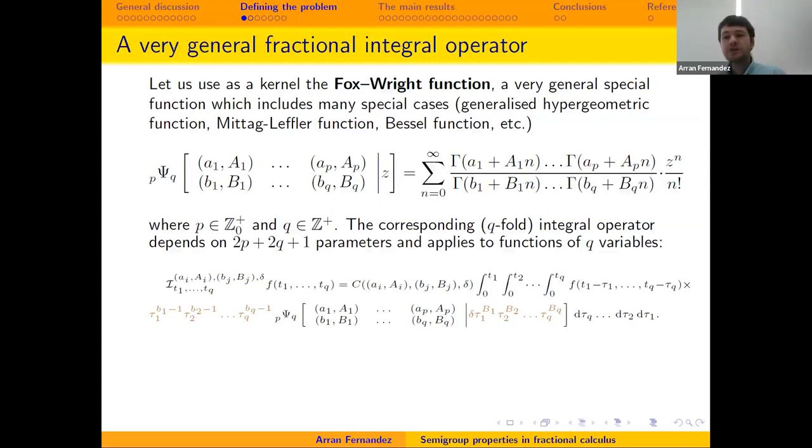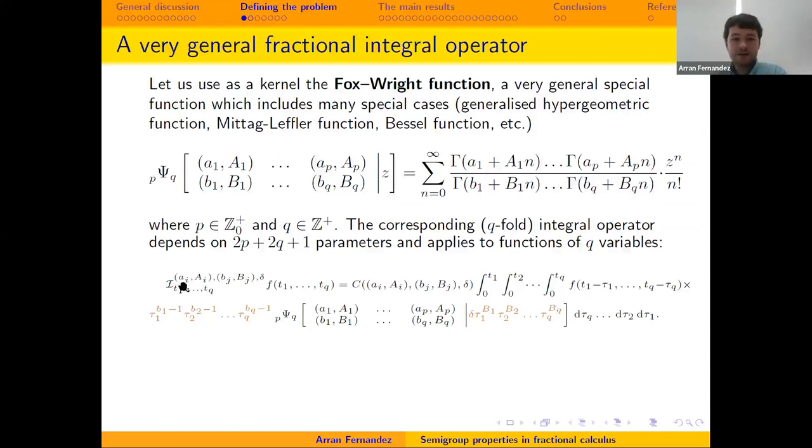Because we have q gamma functions on the bottom, we define a q-fold integral operator. Okay, q different integrals here, and it applies to functions of q variables, t1 up to tq, and this is a q-fold convolution. So we have 2p plus 2q plus 1 parameters. What are all the parameters?